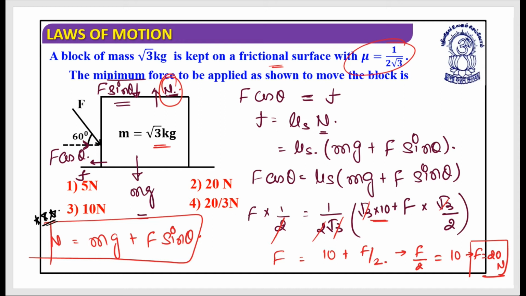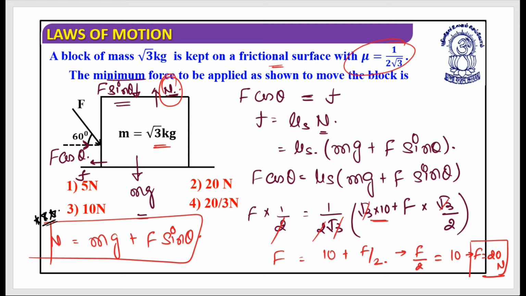Always be very careful in this kind of question, because we generally make a mistake by taking N equal to mg, and then the complete numerical lands on the wrong answer. I hope this is clear. Is it clear? Are you sure? Great. Ready for the next question?